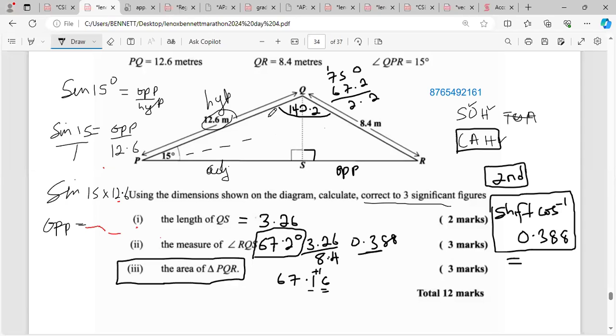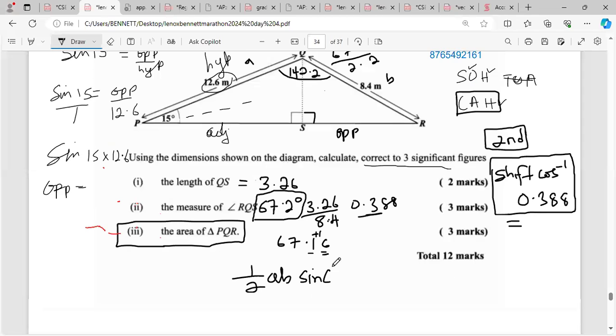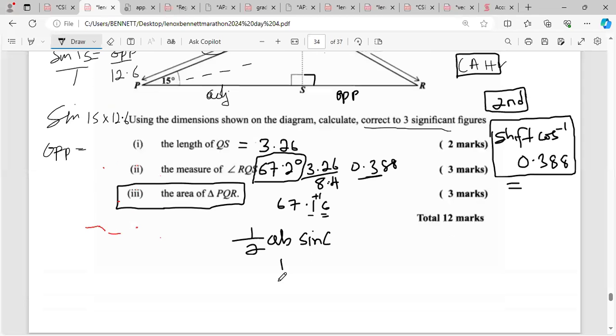So what is AB, right? Any side can be A and any side can be B. So it's half AB sin C. AB represents the two sides, and C is the angle between. So you use your calculator, guys, to figure that out.